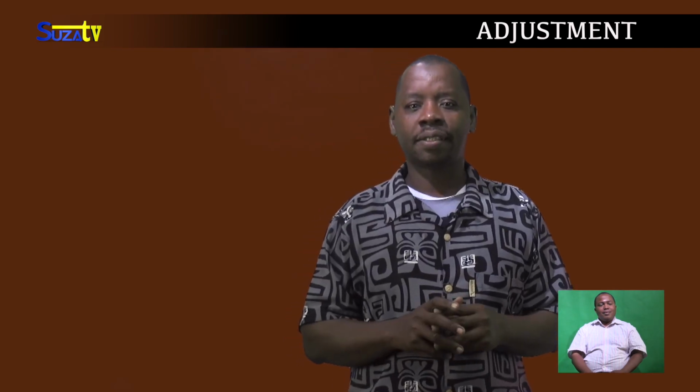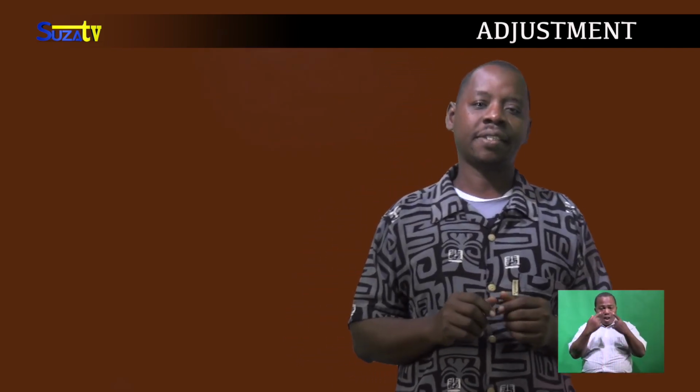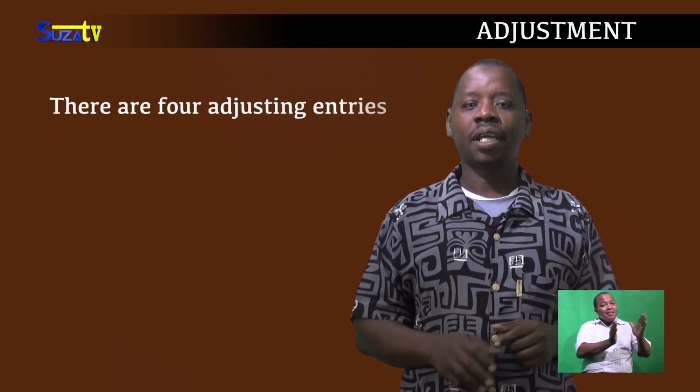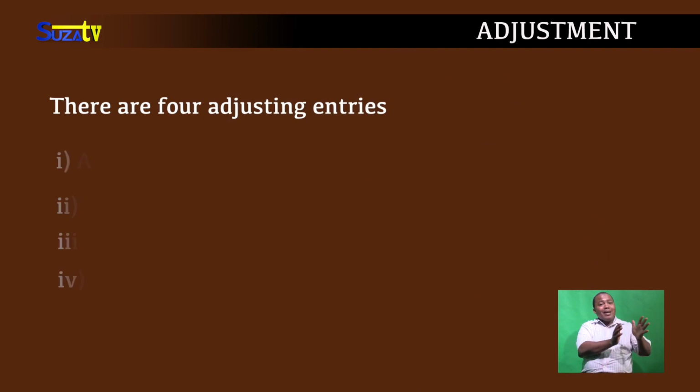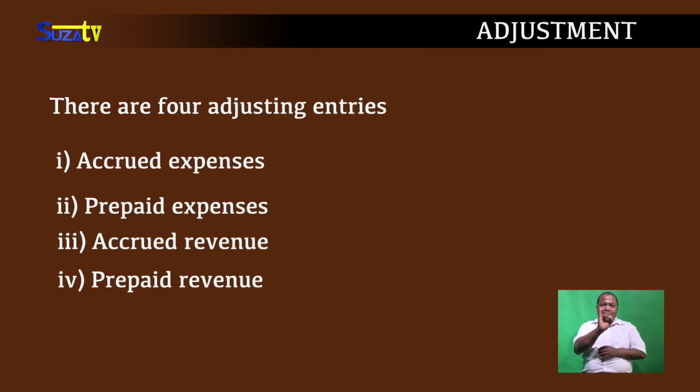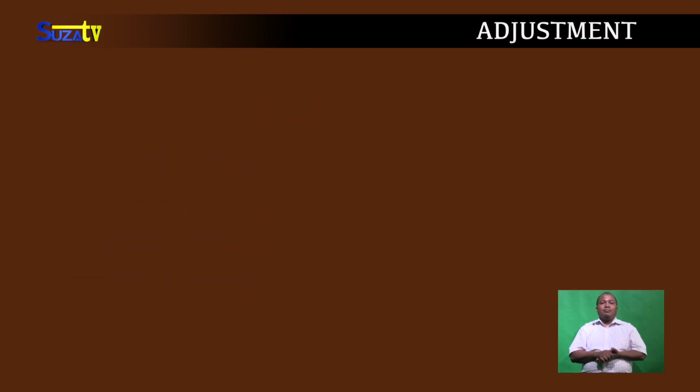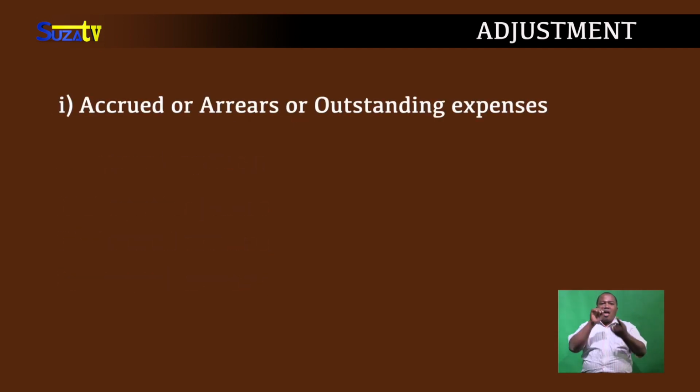Okay, let us look at the basic adjusting entry. There are 4 basic adjusting entry. One, accrued or arrear or outstanding expenses.